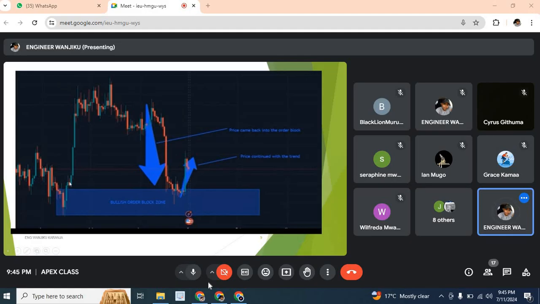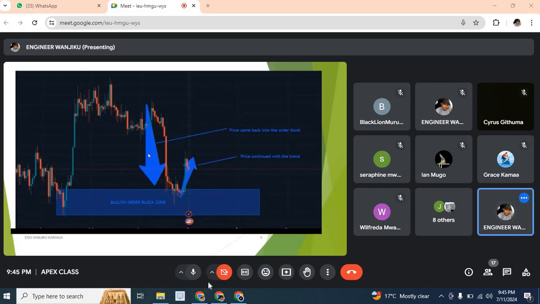So as the market was coming down to mitigate this imbalance, it triggered our bullish order block from this zone right here, before we head up, another buy caused by the bullish order block and also the imbalance that was caused right here, because we have a zone where we have sellers with next to nil buyers. So buyers are going to come to fill this imbalance in the process that we are calling mitigation.